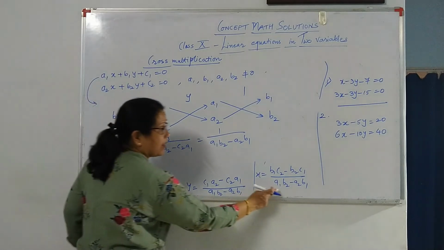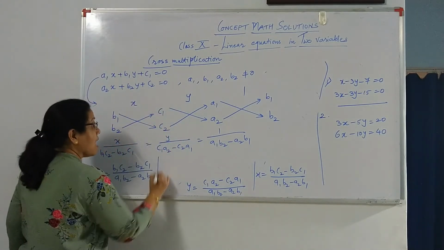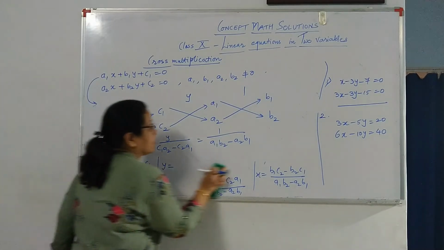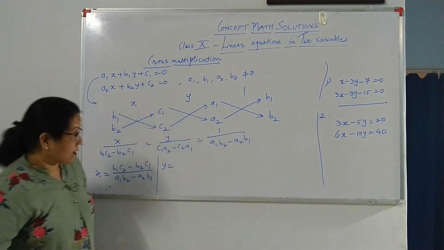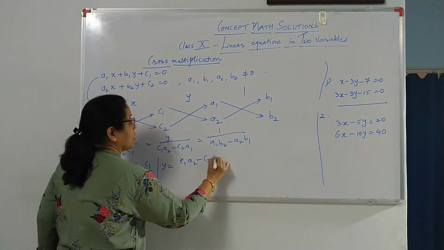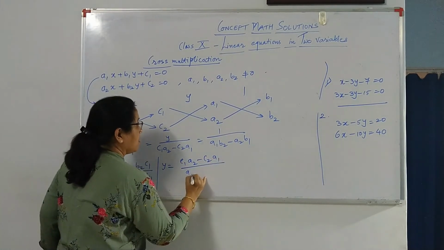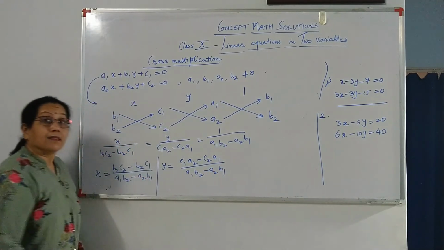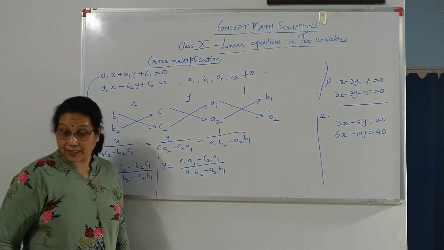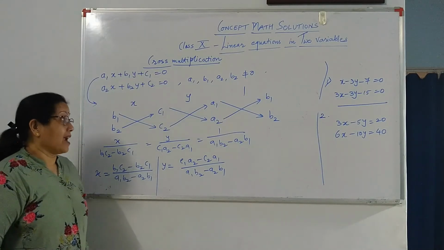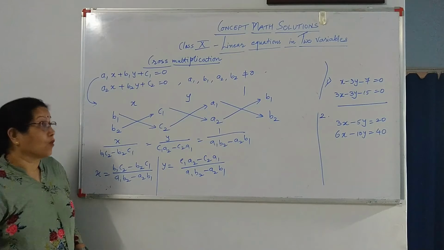You observe both have the same denominator, and y would become c1 a2 minus c2 a1 upon a1 b2 minus a2 b1. Right? That is the method of cross multiplication. I said it's the easiest method. You will understand again why I am saying so.